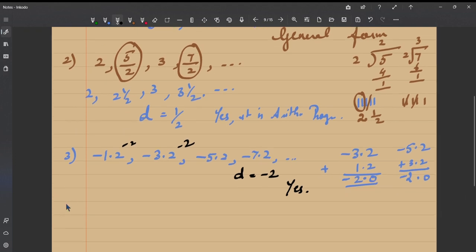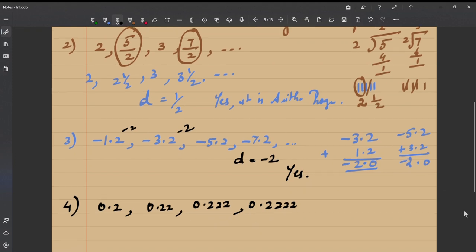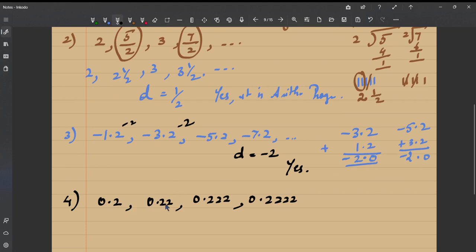Now, just one more example, the fourth one. Again we have decimals: 0.2, 0.22, 0.222 and 0.2222. Of course, there is some pattern here, but we'll have to check whether it's an arithmetic progression or not. That is, we'll have to see if the common difference is the same. So let's start subtracting A2 minus A1.